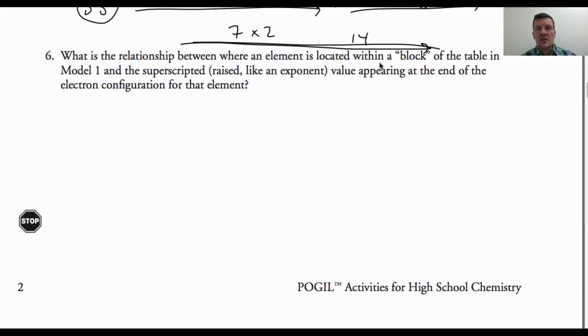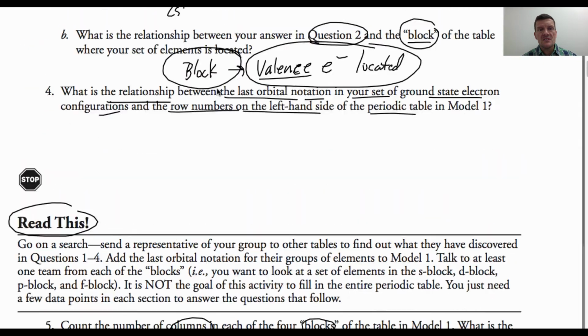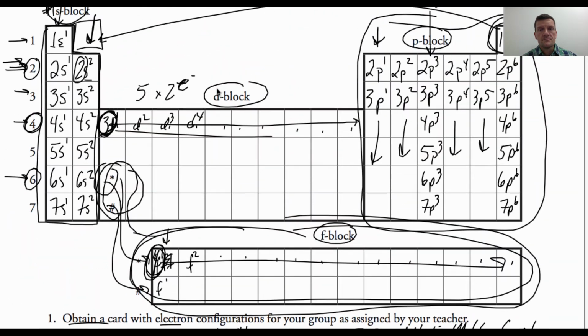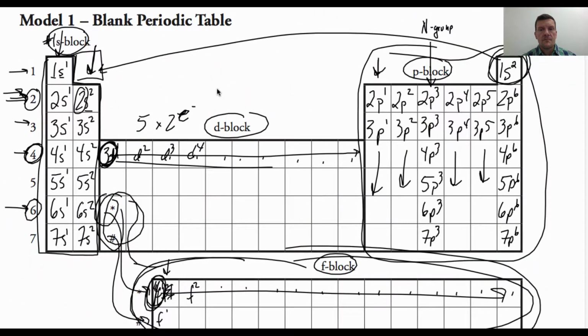Where an element is located within a block in Model 1 and the superscripted value, raised like an exponent, appearing at the end of the electron configuration of that element. Okay, so what they're saying is, let's go back up. This is group 1, group 2.